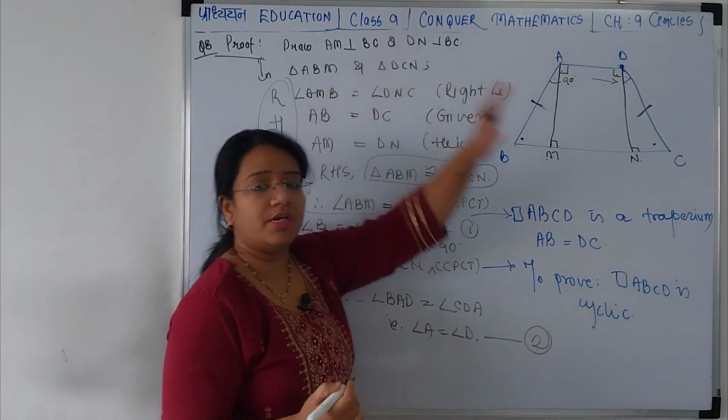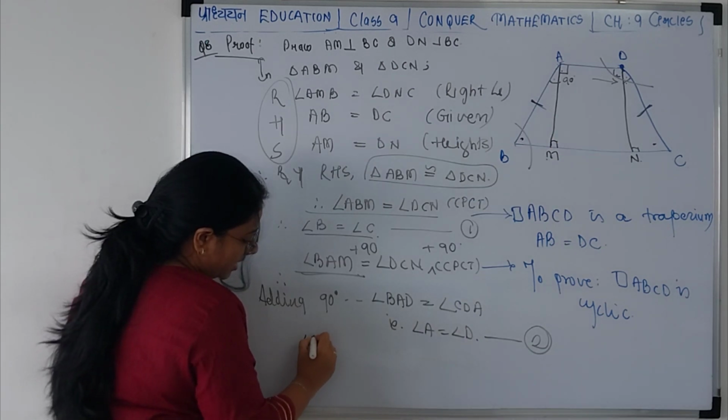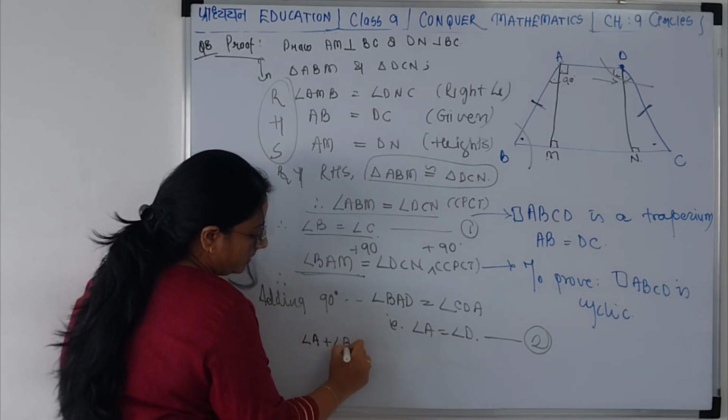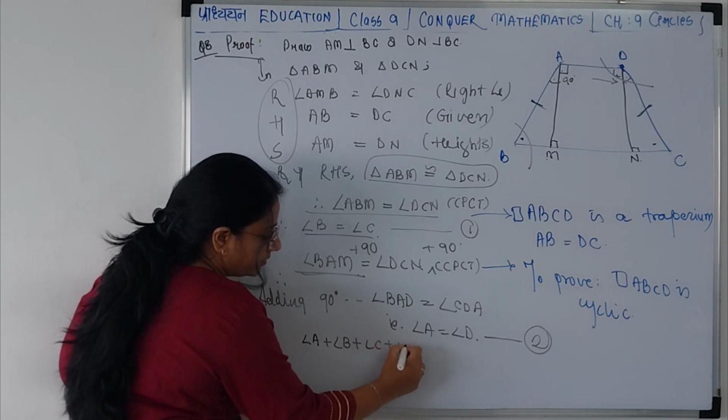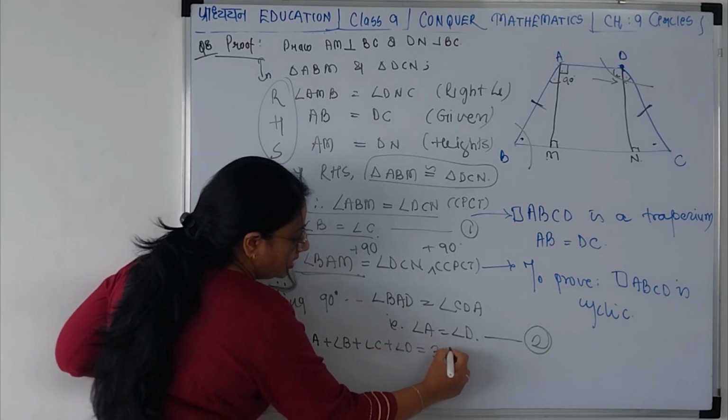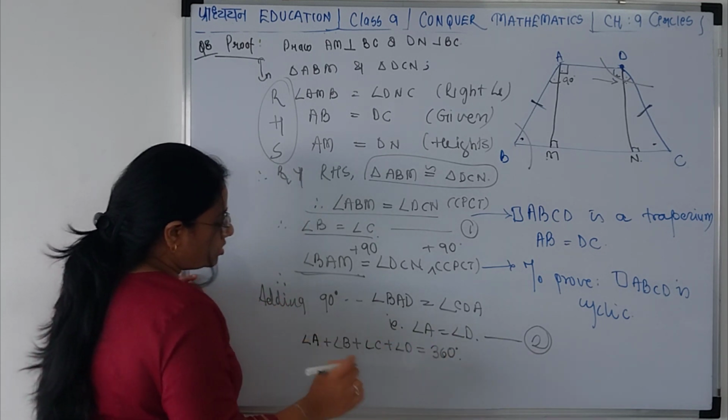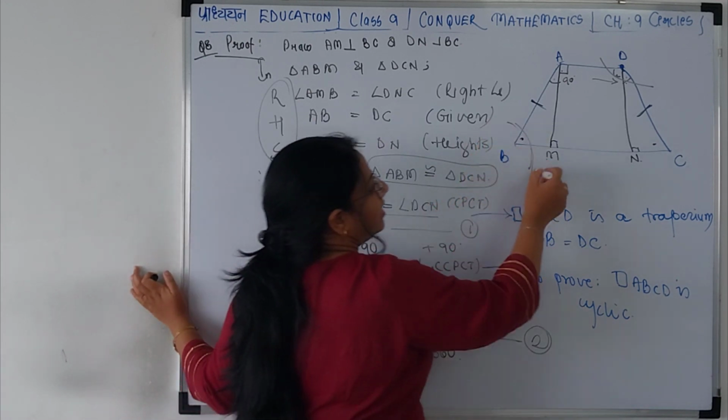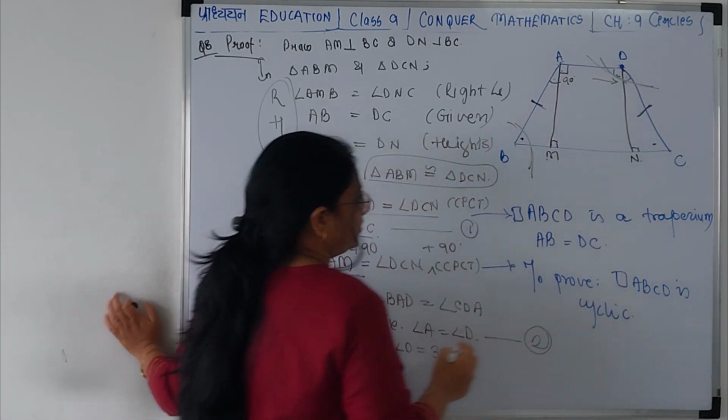Now for a quadrilateral, by angle sum property, what can I say? Angle A plus angle B plus angle C plus angle D is equal to 360. Now here I want to prove that angle B plus angle D is 180.